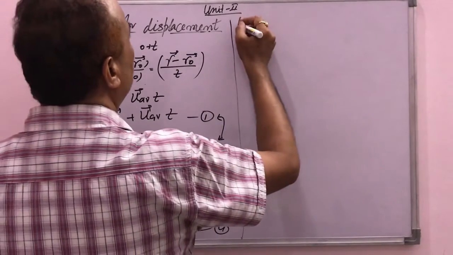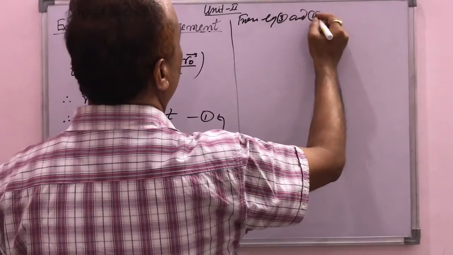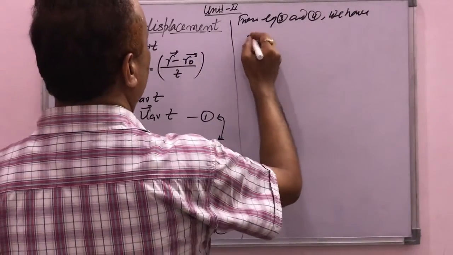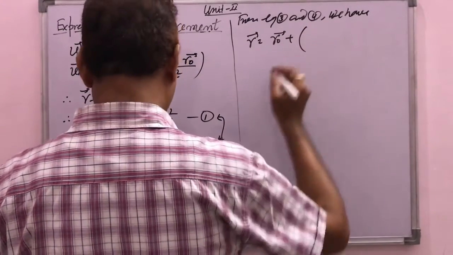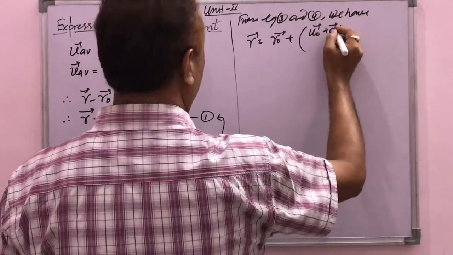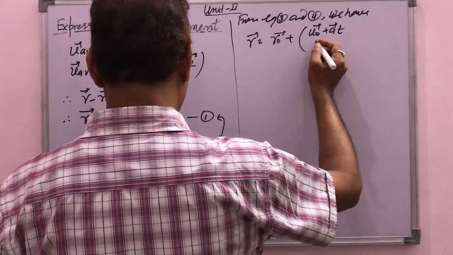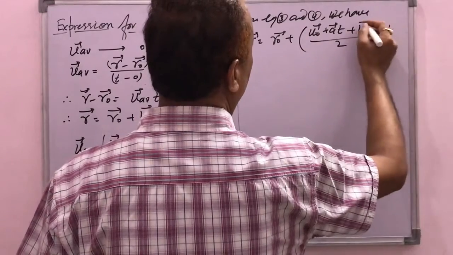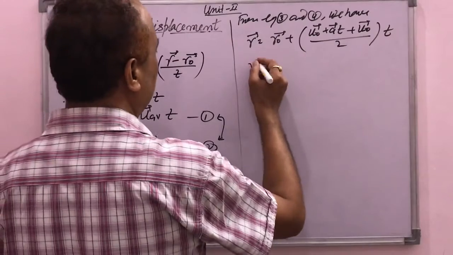From equations 3 and 4 we have R vector equal to R naught vector plus V, where V is V naught vector plus A vector t, plus V naught, divided by 2, into time t. Now again simplify the expression.